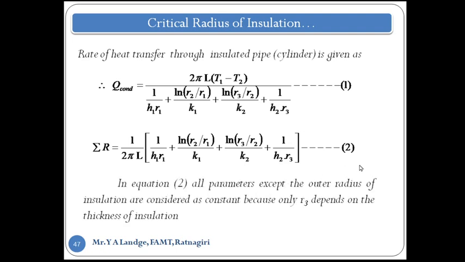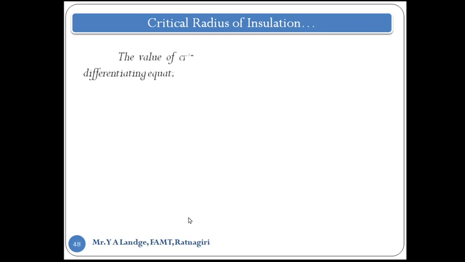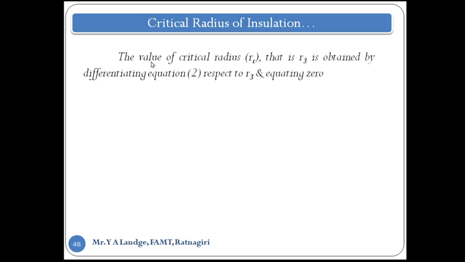Now I put certain conditions here. In equation 2, all the parameters except the outer radius of insulation are considered constant, because only R3 depends on the thickness of the insulation. From that we derive the critical radius RC, that is R3.